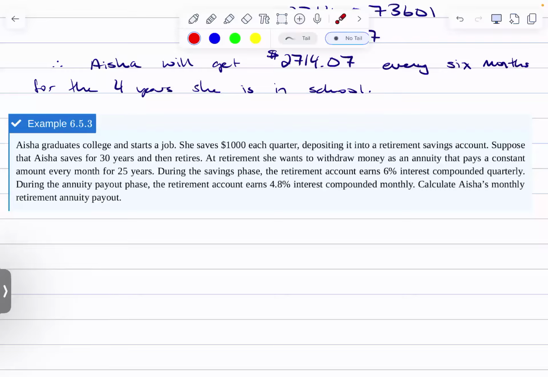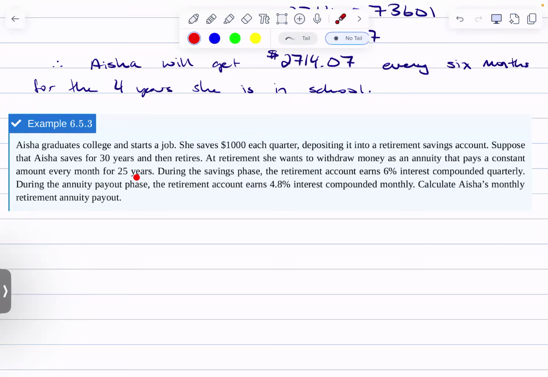So now she's working and saving $1,000 every quarter into an RRSP. Suppose that Aisha saves for 30 years and then retires. At retirement, she wants to withdraw money as an annuity that pays a constant amount every month for 25 years. Uh-oh, this is adding up to be a lot of work, isn't it?